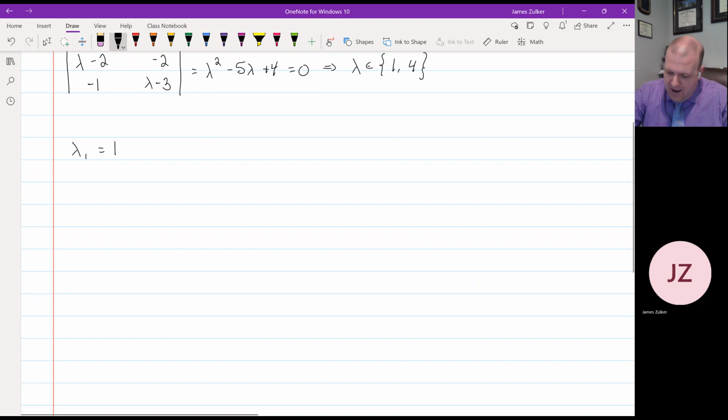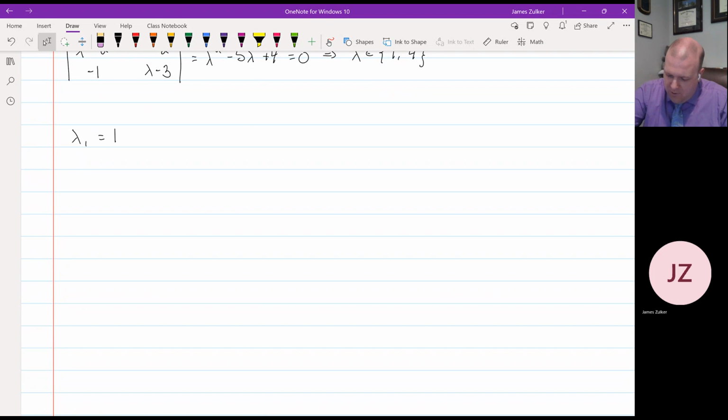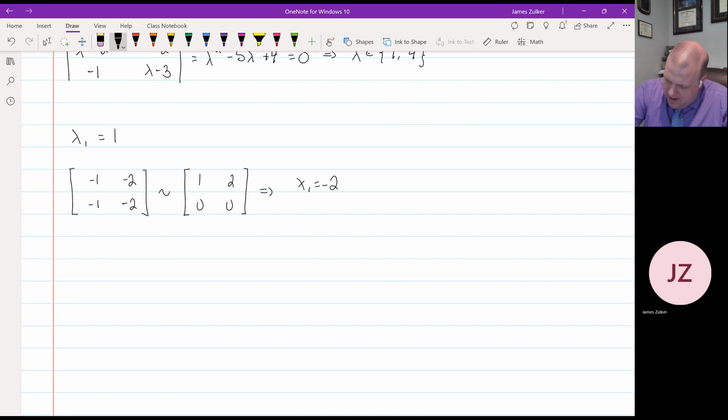So let's go ahead and find the eigenspace for the eigenvalue lambda equal to 1. This will reduce. This means that x1 is negative 2x2.